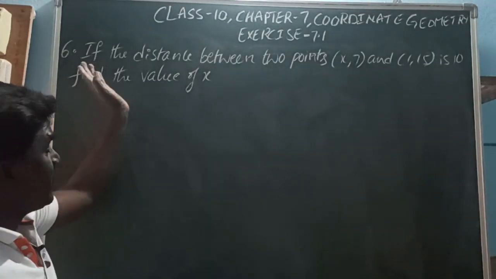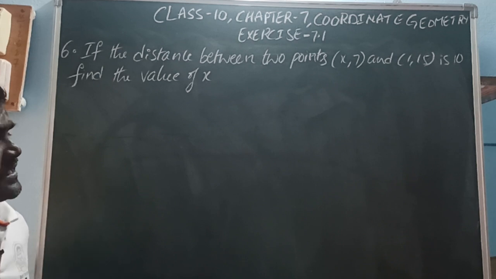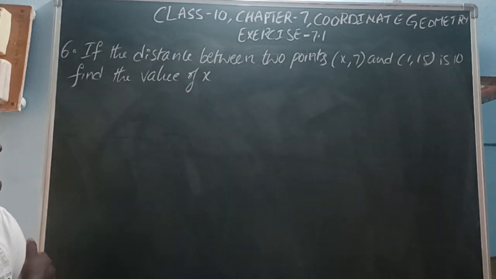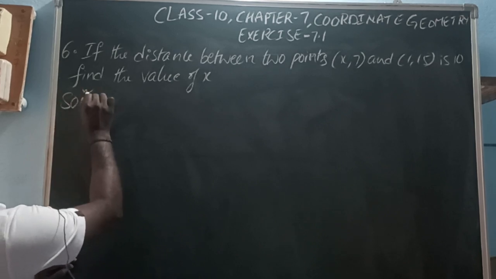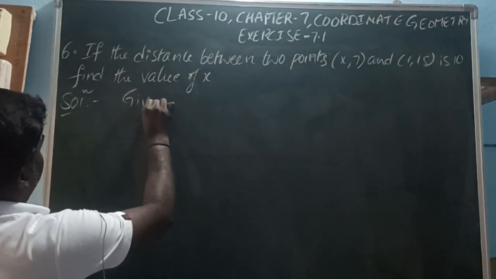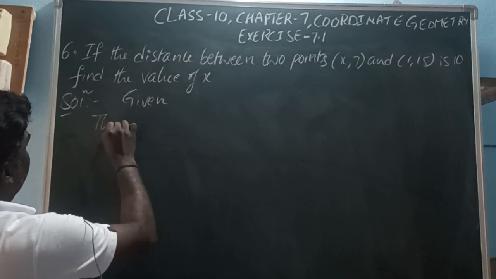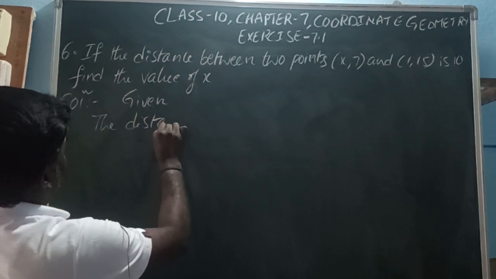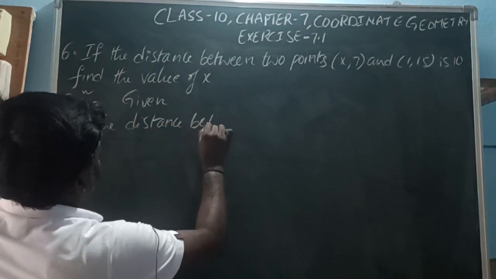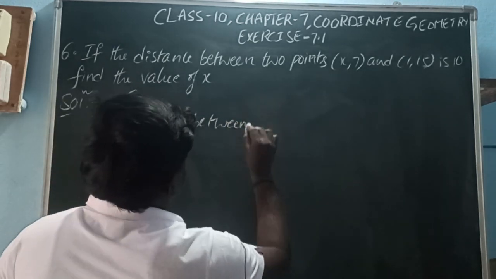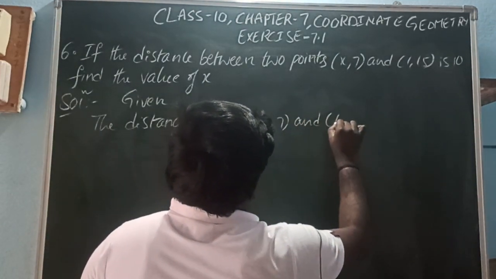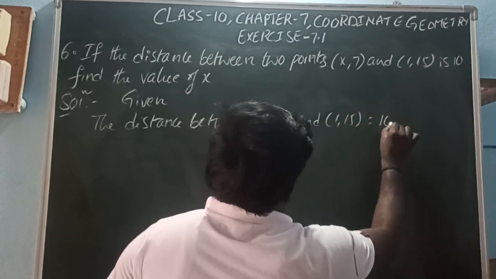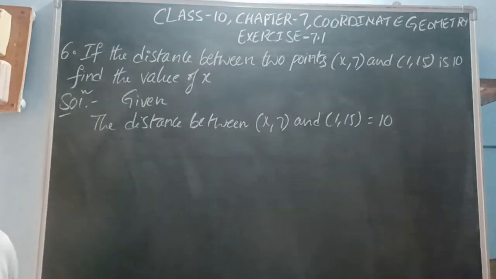Next, if the distance between the 2 points (x, 7) and (1, 15) is 10, find the value of x. So here, given the distance between points (x, 7) and (1, 15) is 10 units. So what is the formula for distance between 2 points?